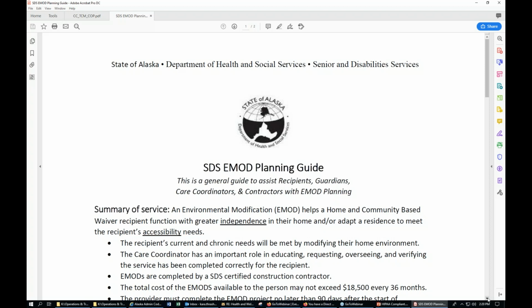All states are in the process of updating their websites for documents like that. And so this is just one of the documents that we had in our starting here of the project, to replace the old EMOD checklist with this planning guide. And this is an accessible document and meets those requirements.